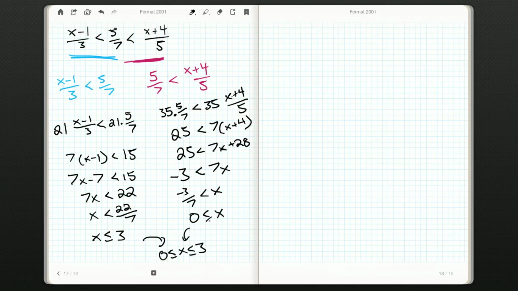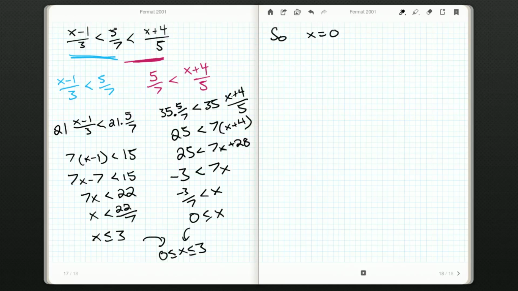Again, once we get this 0 less than or equal to x, we could check and make sure. Let's take 0. 0 plus 4 is 4 over 5. 4/5, that's 0.8. And 5/7, I don't remember that off the top of my head. 5/7 is about 0.7. So that is definitely less than 0.8. So all of these work.